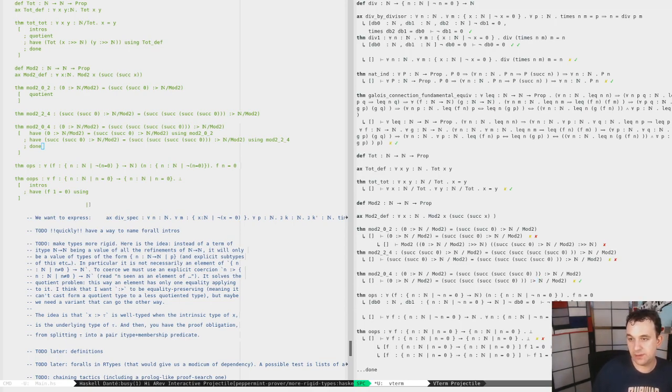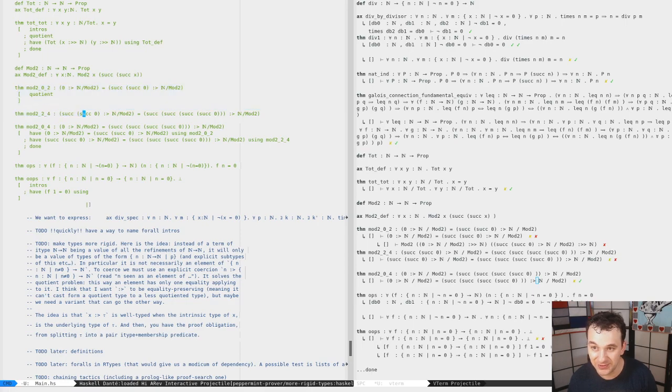Well, it depends. There's a bit of magic. But we still need to prove mod 202 and mod 224. And for these ones, we have this particular pain here. What would be a good solution is to make sure that these are maximally reduced somehow.